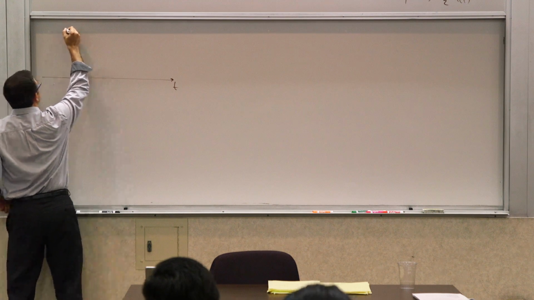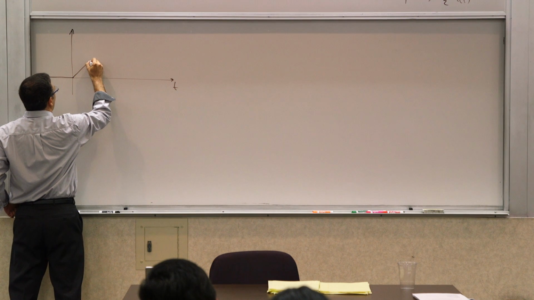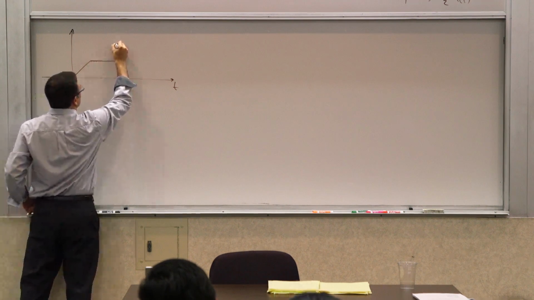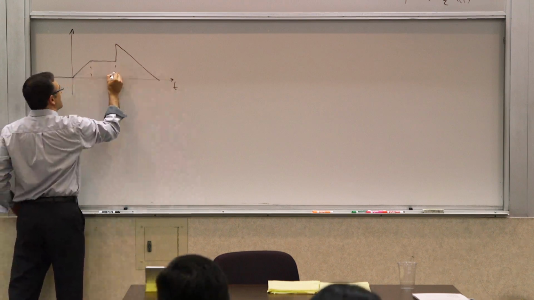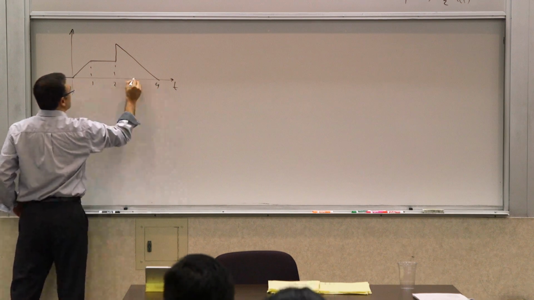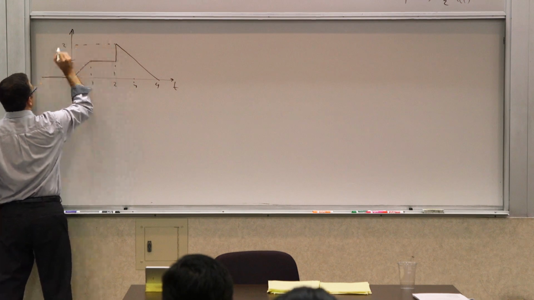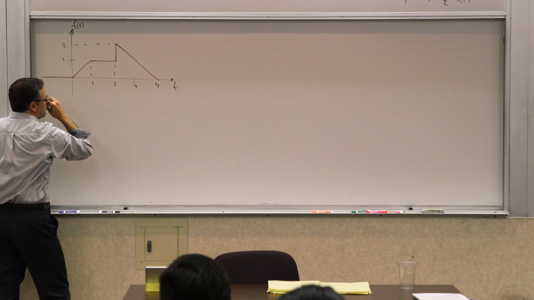Let's say you wanted to describe a function that looked like this. Okay, so let's say I'm just making these things up. 1, 2, 4. Let's say this is 1, this is 2. So this function, let's say, this f of t.